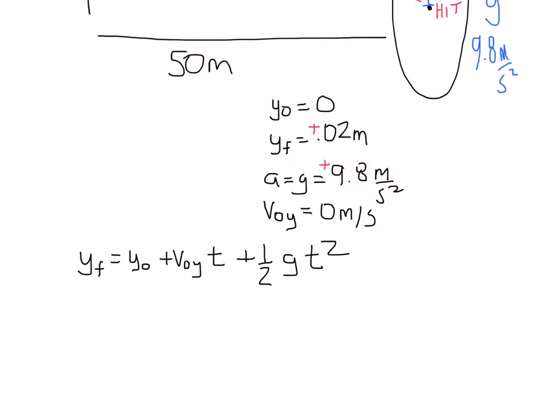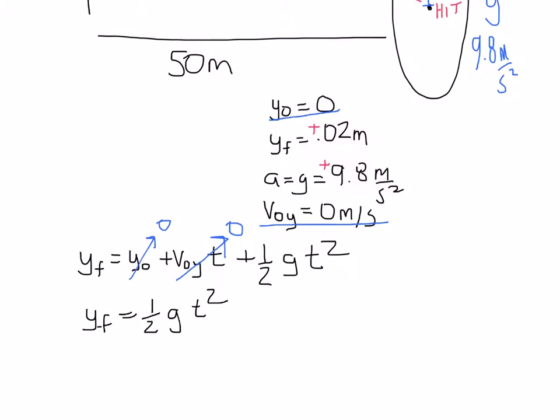So right off the bat, v0y, the initial velocity in the y direction, is 0, which makes this term 0, and it cancels out. And we also know the initial y is 0. So we are left with y final equals 1/2 g t squared.